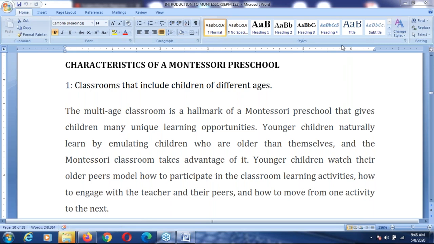The most work of the teacher in a Montessori school is to design the learning activities which the learners will be carrying out as they arrive in the classroom.